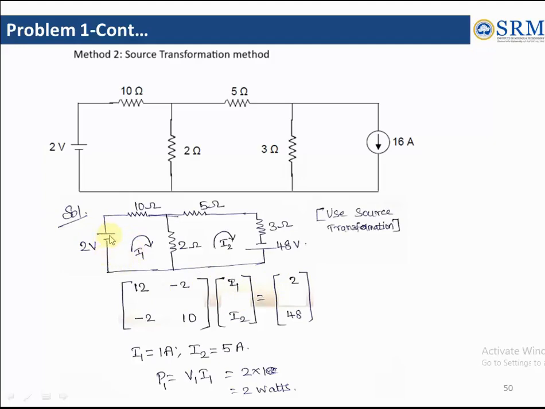It's entering the negative terminal, right? 2 volt. Here also entering the negative terminal, so plus 48. Solving these two expressions, we get I1 and I2 value. From that we can find power across this 2 volt source. So V1 into I1, that is 2 watts.